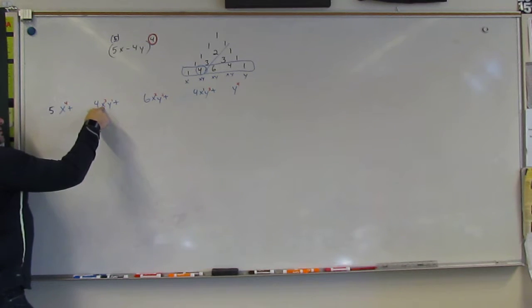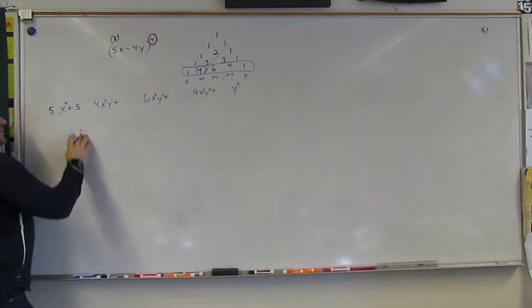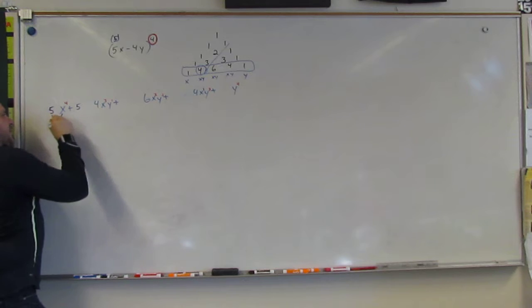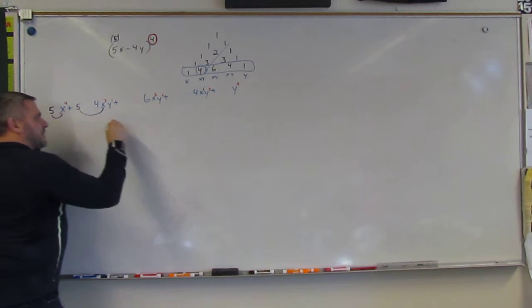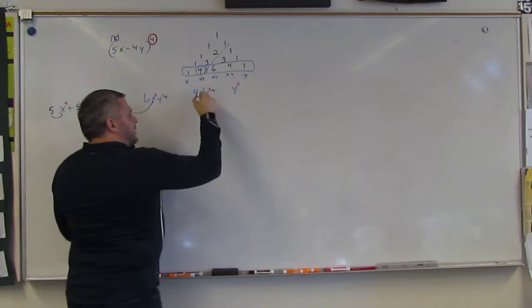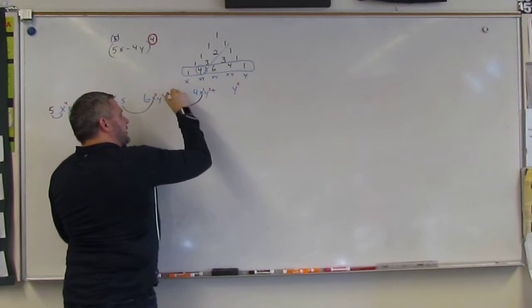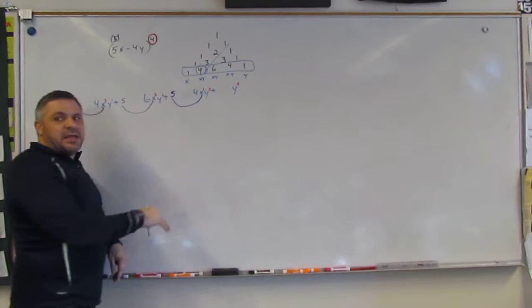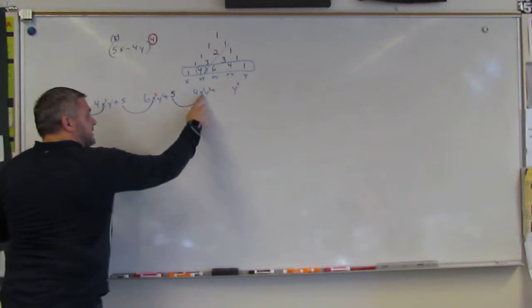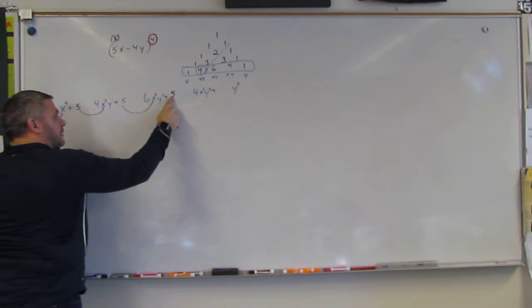There's an x here, so I'm going to put a 5. There's an x here, right? So this x goes to there, this x goes to here, this x goes to here, and I'll put a 5. And this x goes to right here, and I'll put a 5. Okay? There's no x here, so I'm not going to put a 5. Does that make sense?